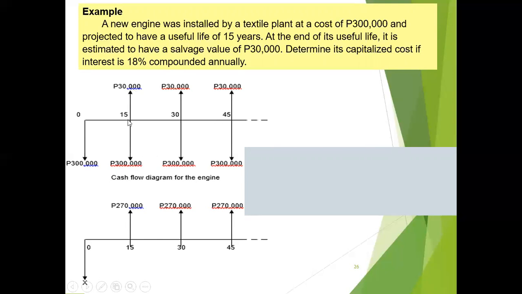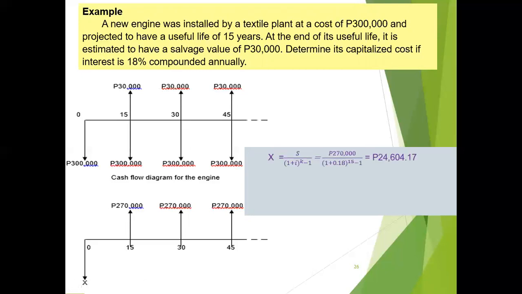Since you have a salvage value of 30,000 every 15 years, the money that you will spend every 15 years is only 270,000 every 15 years due to the salvage value of 30,000.